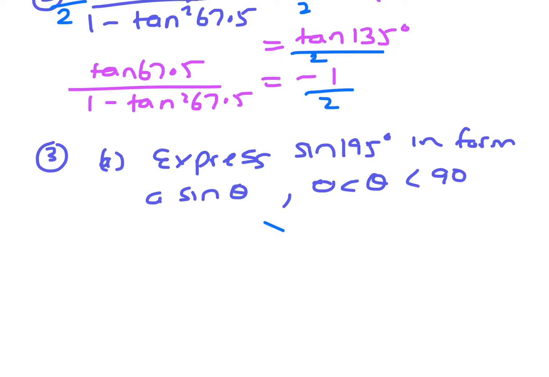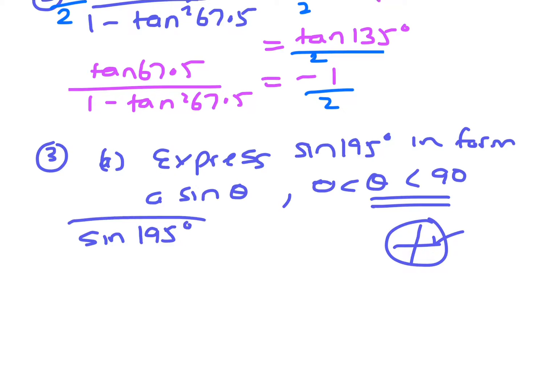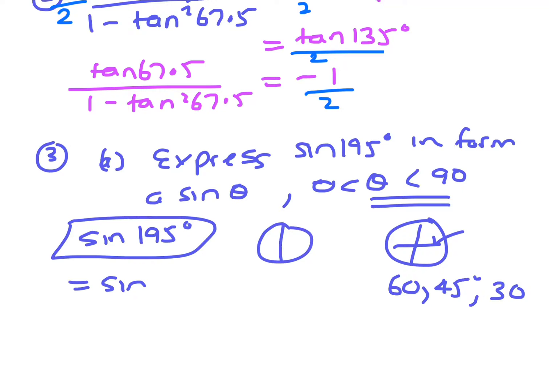Okay, so first of all, we can see here theta is acute, so that's good because we don't have to worry about quadrants, because we know everything is positive in that quadrant. So when I have sine 195, I've got to reduce that angle to something in terms of 60, 45, and 30. Sometimes it's good to go, all right, 195 is actually in that quadrant, so it's good to reduce it.